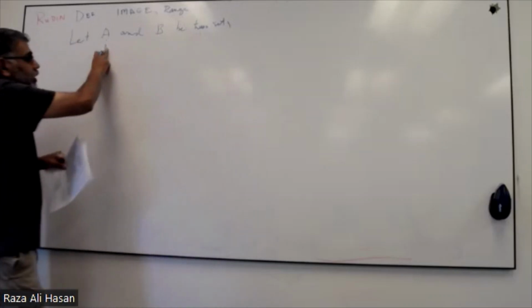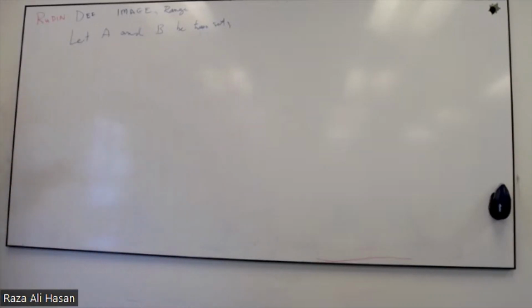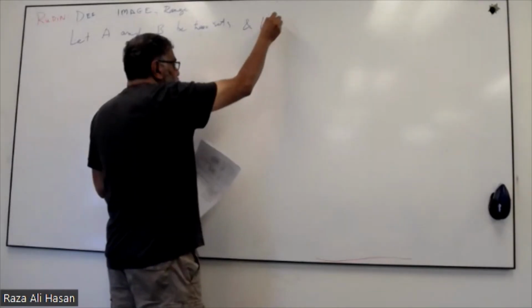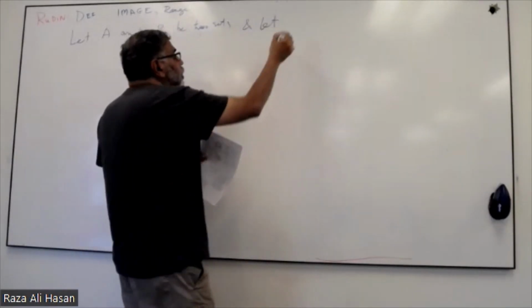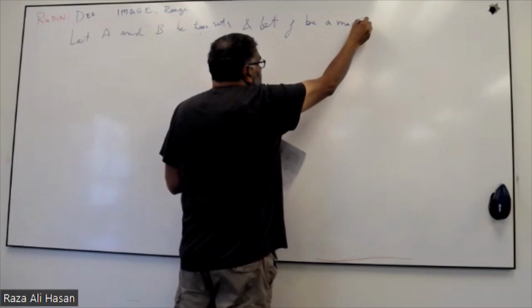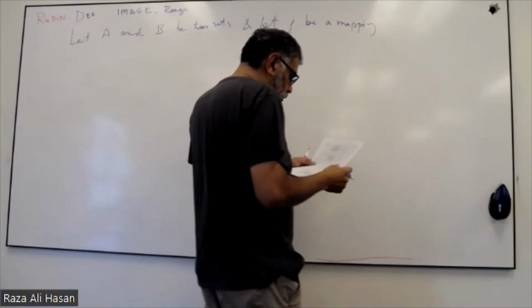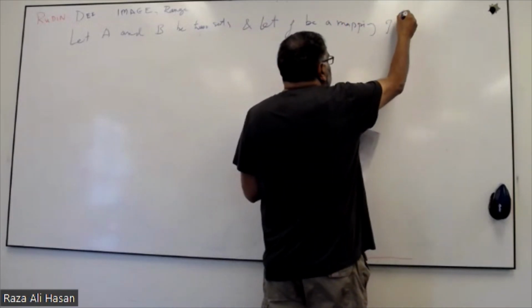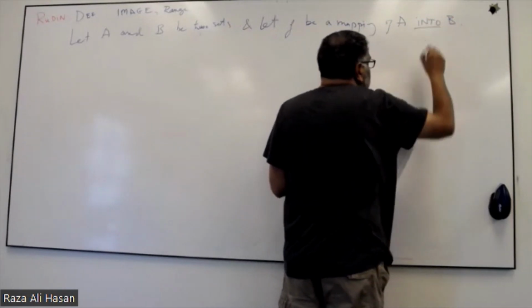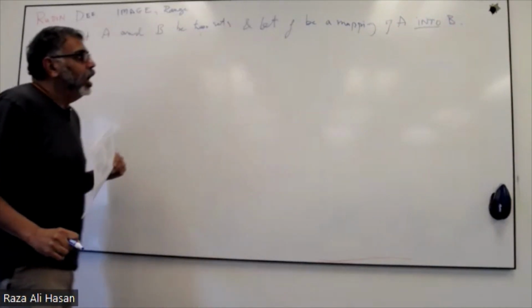So obviously A is going to be the domain, B is going to be the range, and let F be a mapping of A into B. Notice the word "into" shows up.